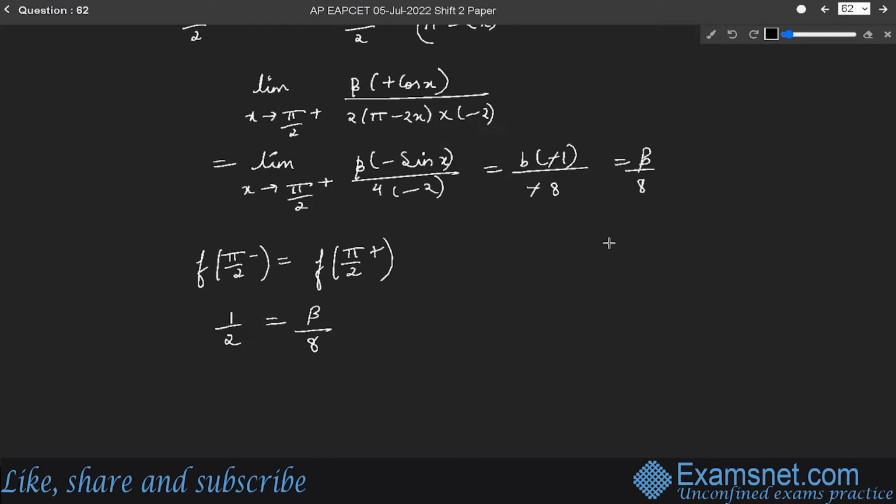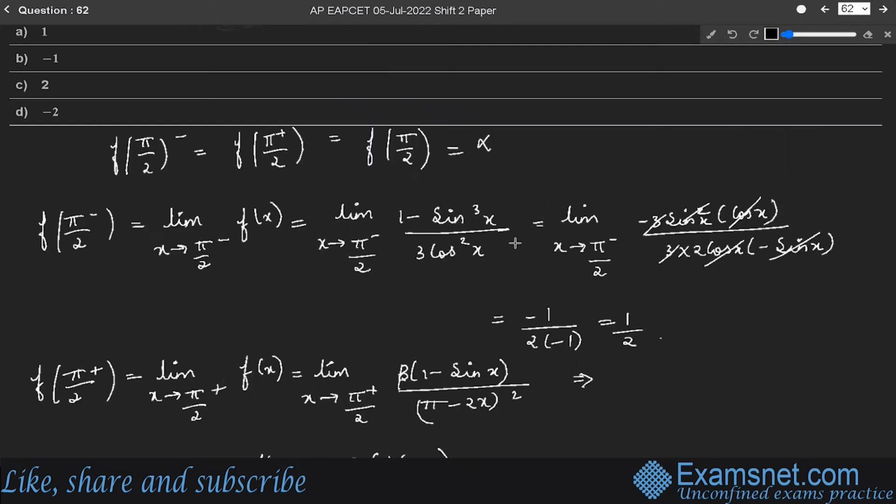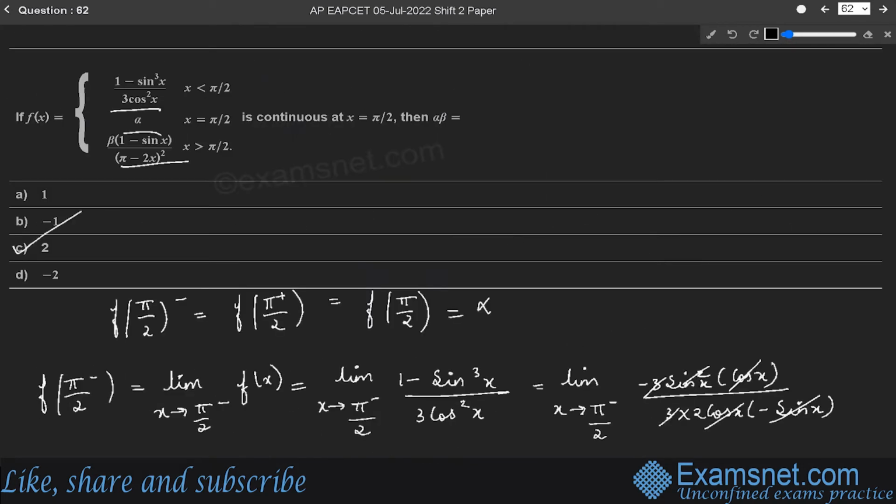So from here, beta will be equals to 4. And we know that from here, we have got the value for alpha. So alpha is equal to 1 by 2. Now we have to calculate alpha into beta. So alpha into beta will be 1 by 2 into 4, which is equal to 2. Therefore, we can say that alpha into beta is equals to 2. So option number C is the correct option for this question.